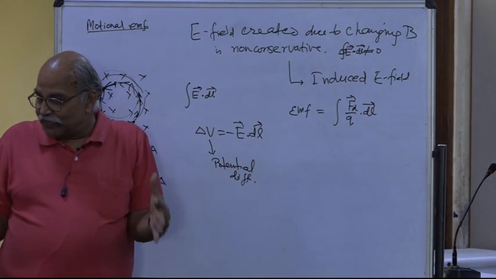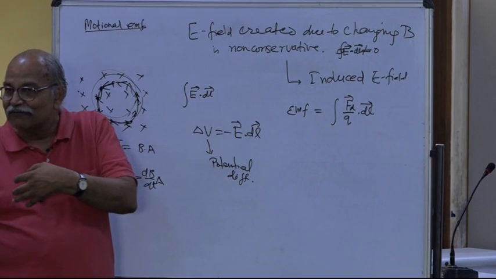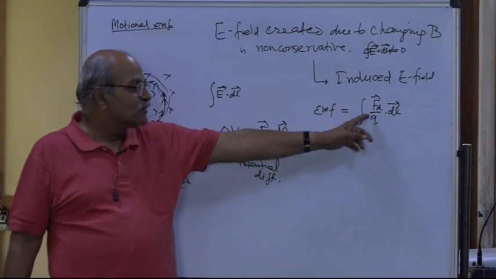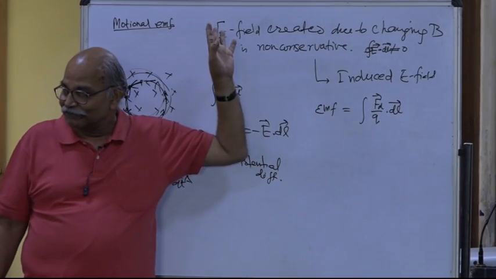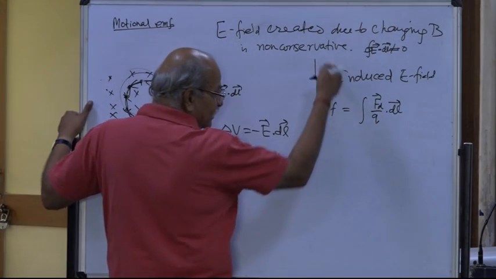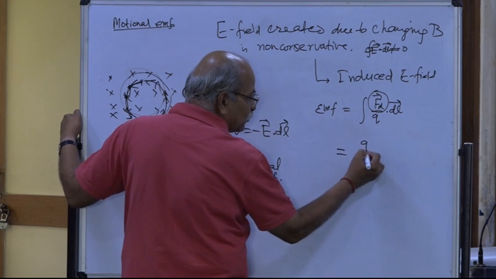Now in equilibrium this turns out to be equal to that electric field created by the charge accumulation, and therefore it also becomes E dot dl. That's a separate story, but this is how it is defined.